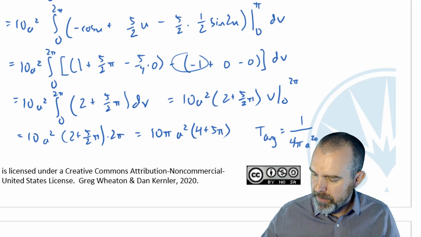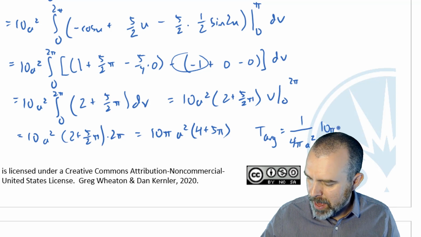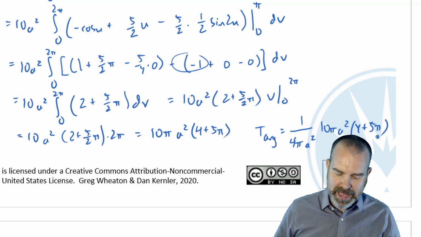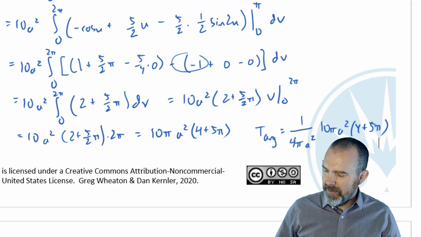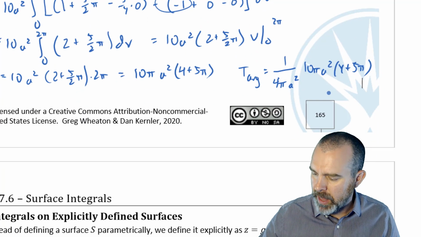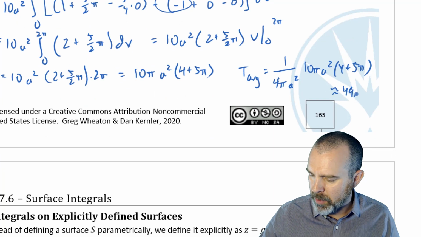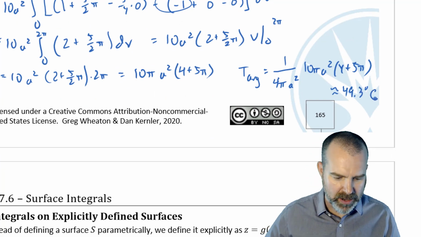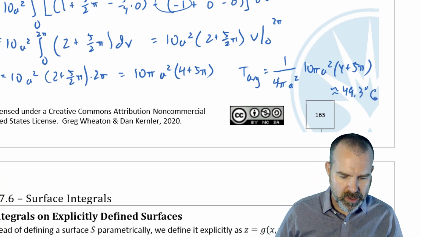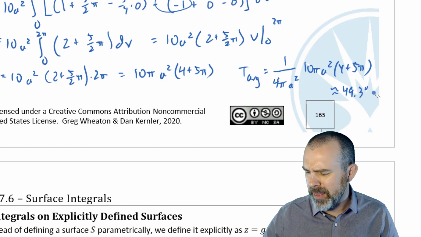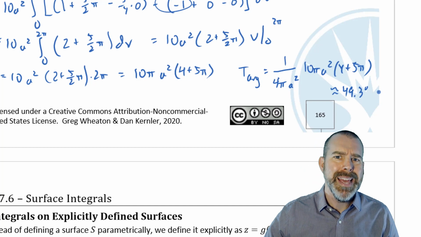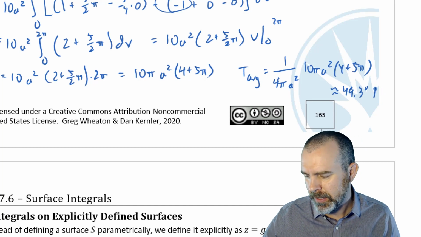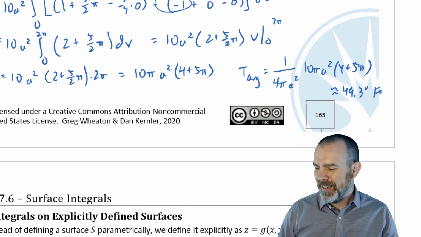We have that up above, times 10 pi a squared times 4 plus 5 pi. And I have that here, a decimal approximation that is about 49.3 degrees. I believe we are Celsius here. Ooh, it's not given to us. That can't be Celsius. That'd be really, really hot. It's got to be Fahrenheit.